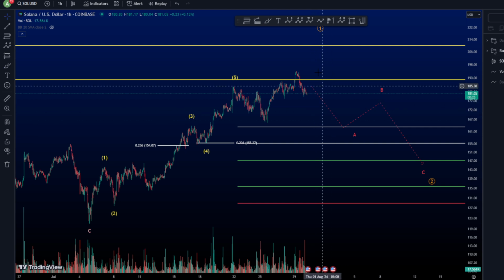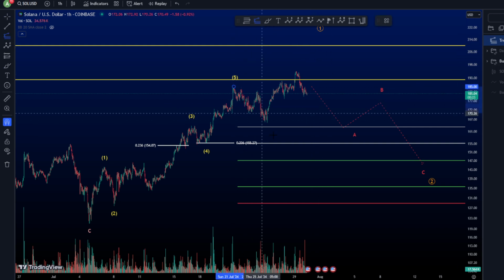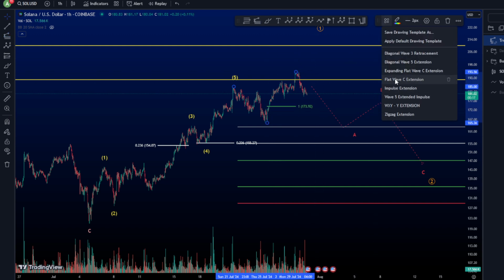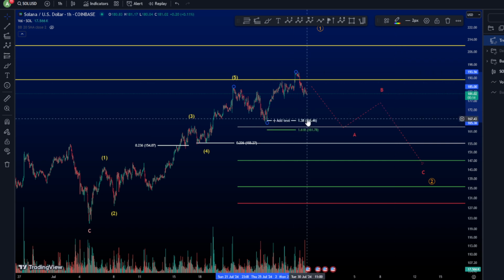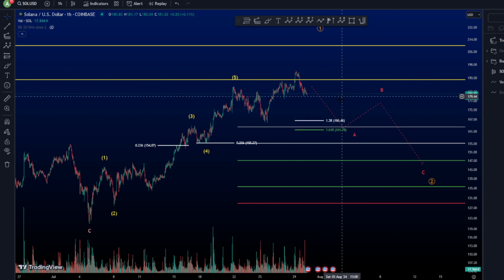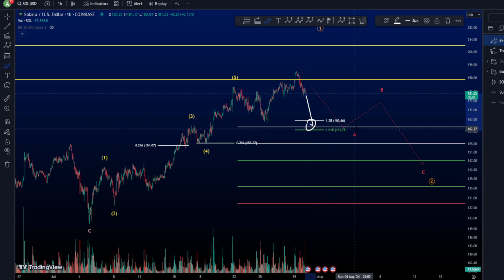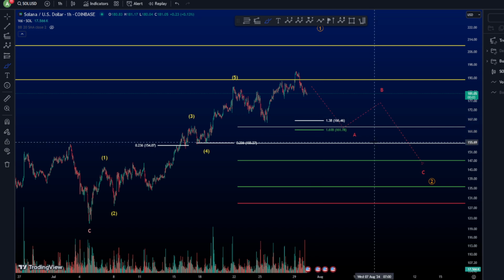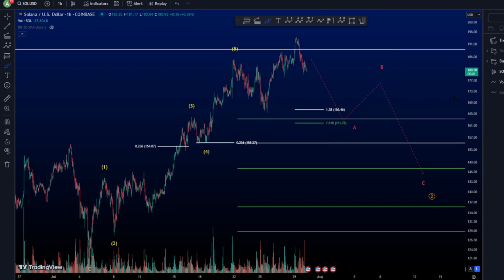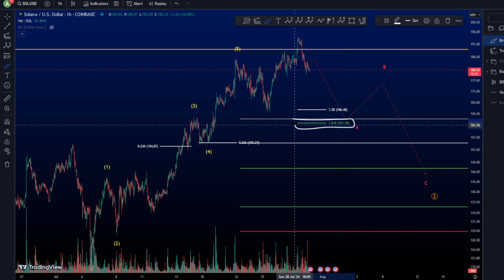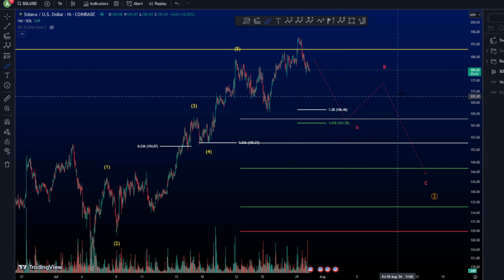And that means if we have an expanded flat here, we are expecting a wave C to reach this target area around 166 and $161, right? Between the 1.38 and 1.618, which is much more common for the 1.618.